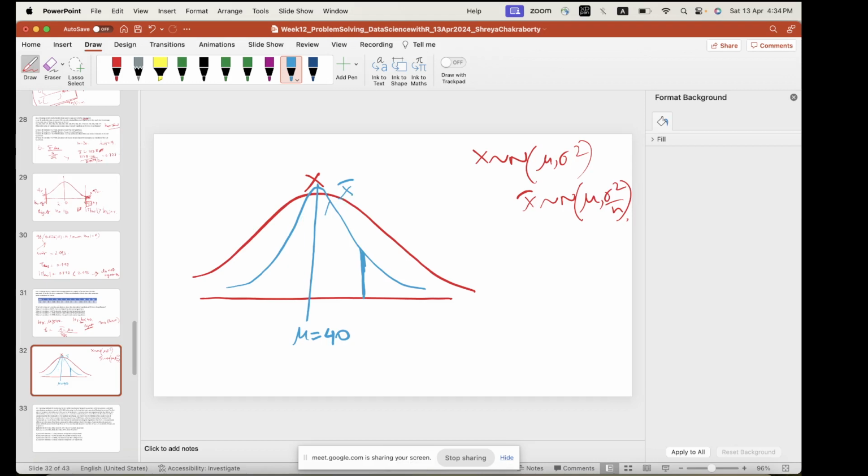Now you would want to reject if x bar is way less than 40, some sort of margin you are able to consider. But if it is way less than 40, then only you are going to reject, right?